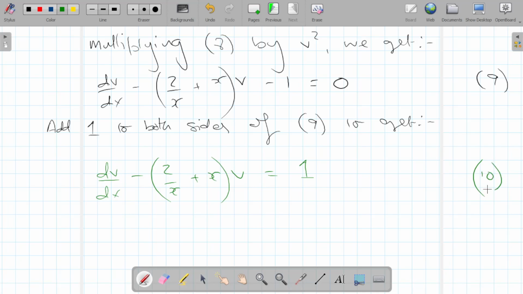Now then, to solve equation 10, we use the integrating factor method.